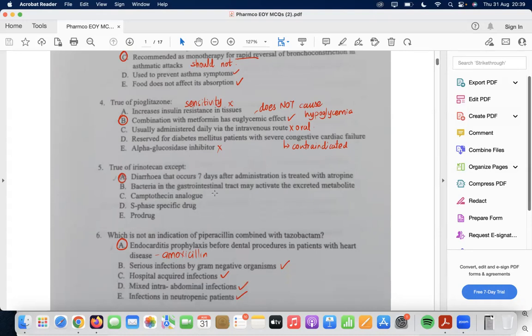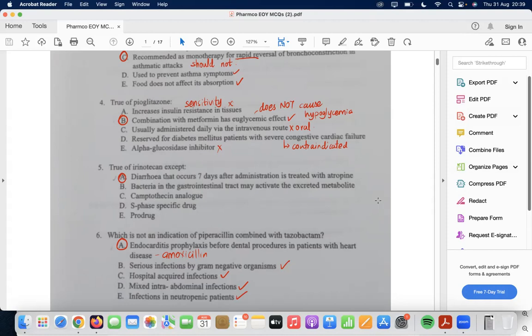Diarrhea that occurs 7 days after administration is treated with atropine, because atropine is anticholinergic. It causes anticholinergic effects on the body.